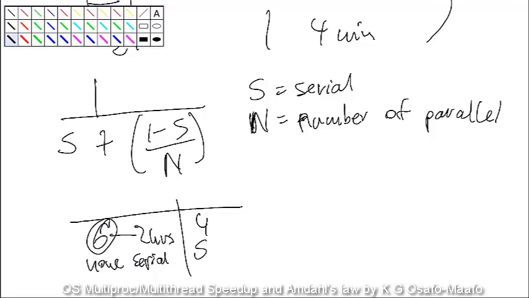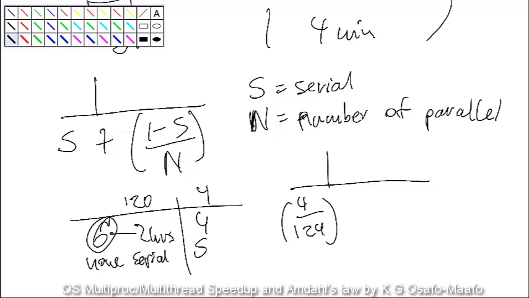So in terms of proportions, 2 hours is 120 minutes. So it means 120 minutes and 4 minutes. So the serial part is 4 over 124. Remember, it's a fraction.